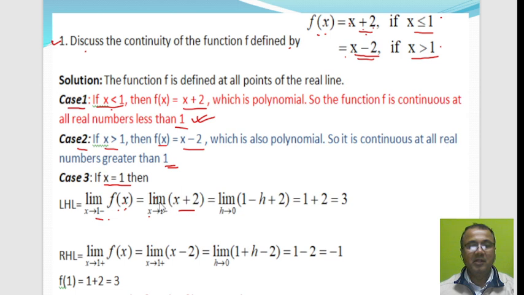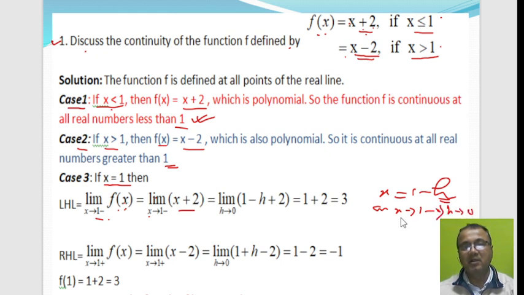So now you have to evaluate these limits. So now we convert in terms of h by putting x equal to 1 minus h. By putting x equal to 1 minus h, what it will be? x tends to 1 minus. So you have to replace x equal to 1 minus h. And here as x tends to 1 minus, what is the value of h? As x tends to 1 minus means the value of h tends to 0.